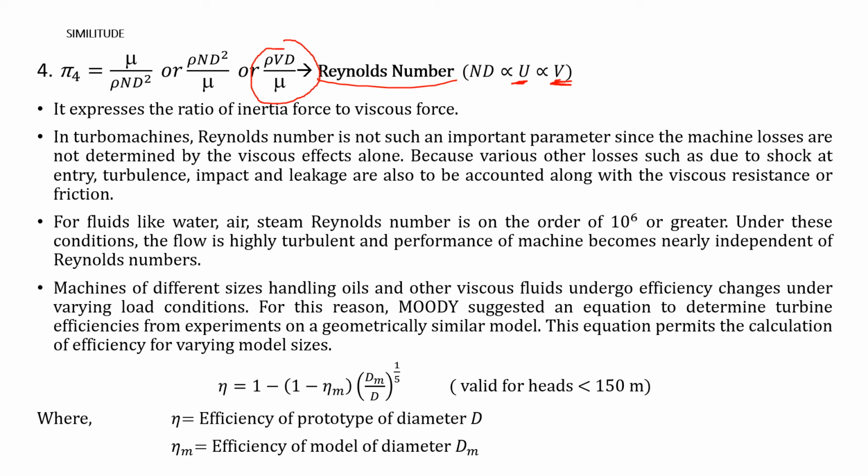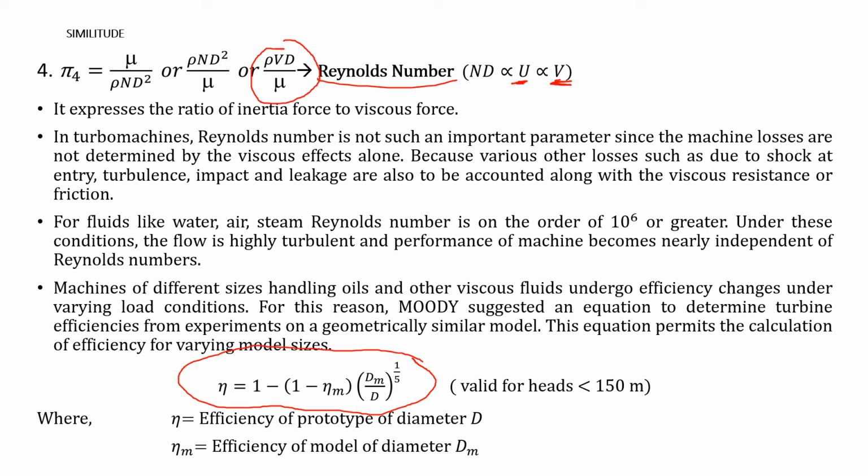But machines of different sizes handling oils and other viscous fluids undergo efficiency changes at varying load conditions. For this reason, Moody suggested an equation to determine turbine efficiencies from experiments on a geometrically similar model. Here I have written the equation; you just have to remember it, as how it comes is beyond the scope of this syllabus.